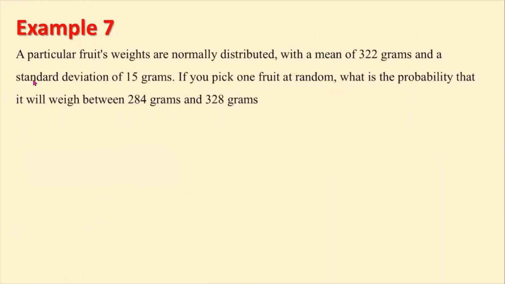Example 7. A particular fruit's weights are normally distributed. Here also we are talking about the normal distribution with a mean of 322 grams and a standard deviation of 15 grams.